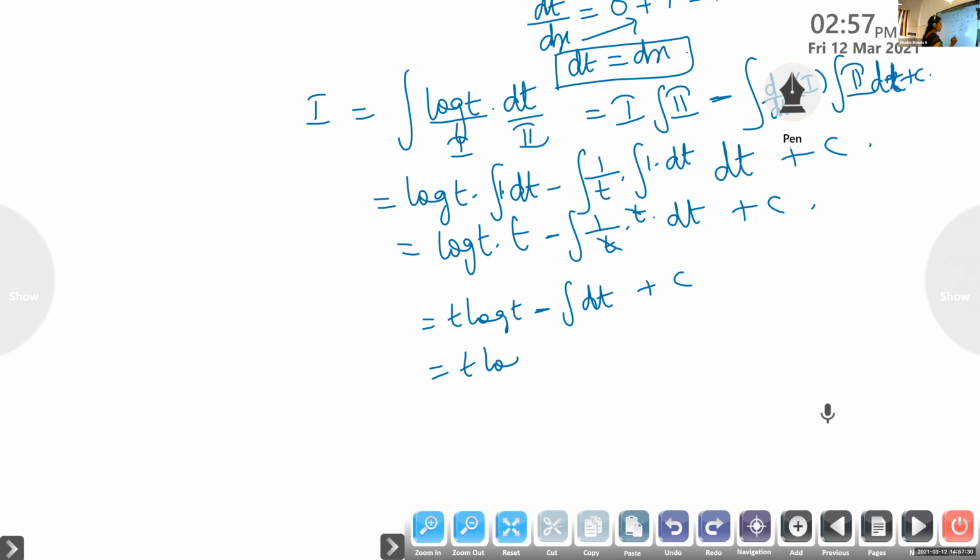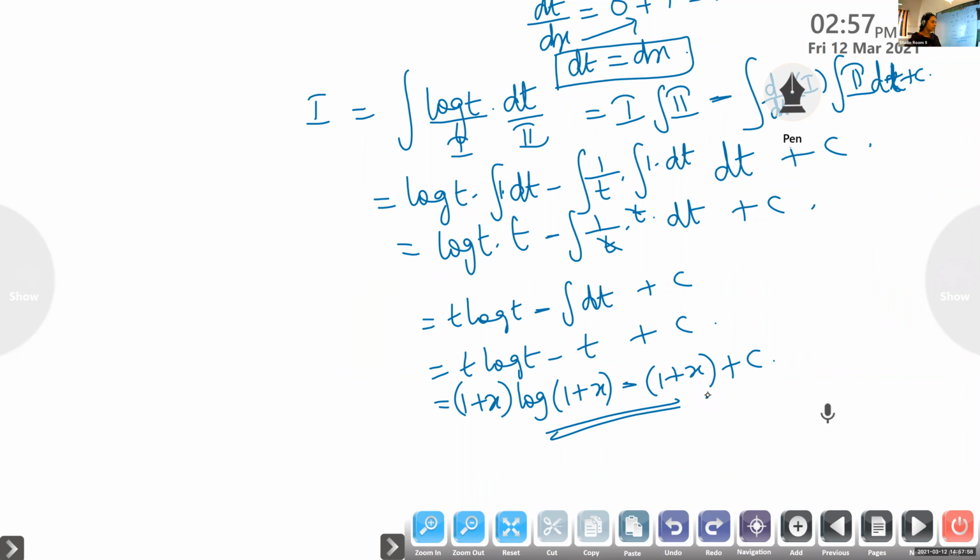That is t log t minus t plus c. Again, we should replace it. What is t? t is 1 plus x. So substitute for t. So 1 plus x into log of 1 plus x minus of 1 plus x plus c. This is our answer.